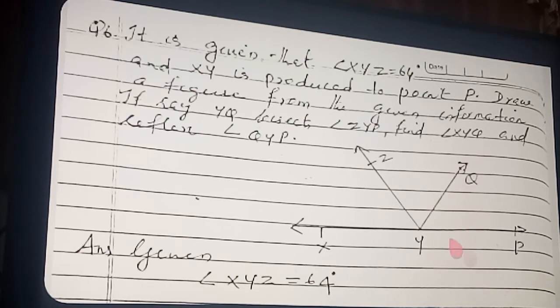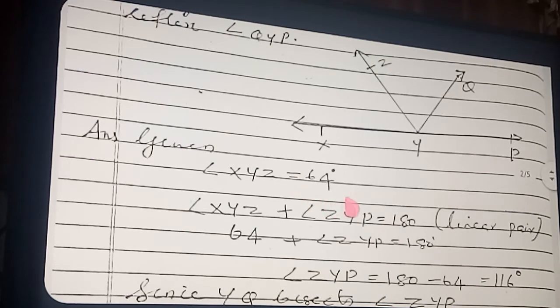Clear the question? Okay. So listen to the points. Angle XYZ is given how much? 64 degrees. Is it clear now? Yes. And angle XYZ and angle ZYP, what type of angle are they? They form a linear pair because in YX, YP, the non-common arms form a line. Therefore, angle XYZ and angle ZYP form a linear pair.